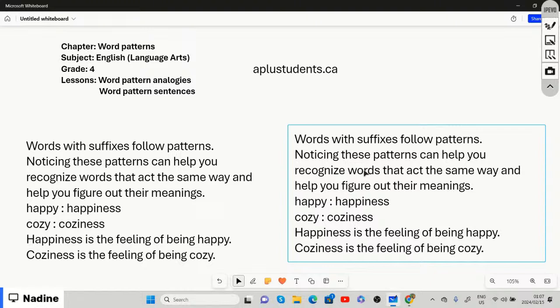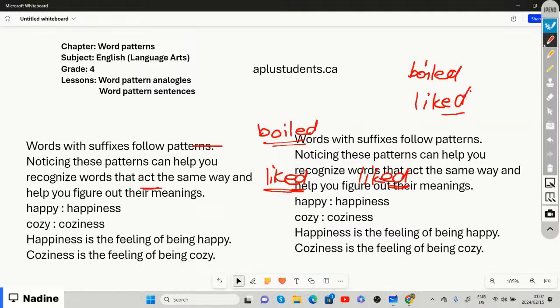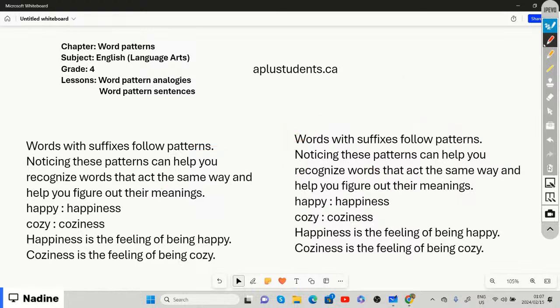For example, words like, if you're happy, we can also say happiness if we add our suffix, right? Or cozy. And if we add the suffix, we can say it's coziness.